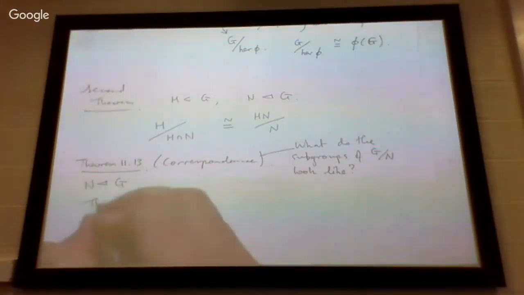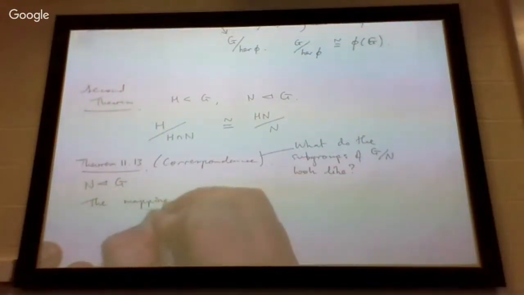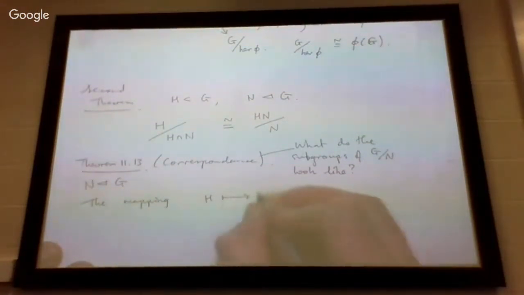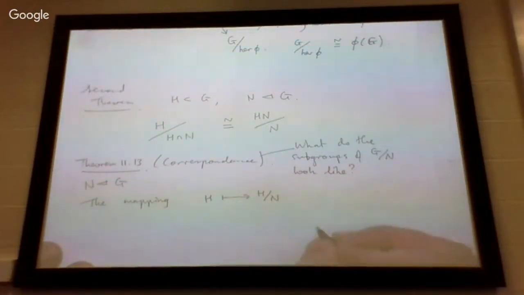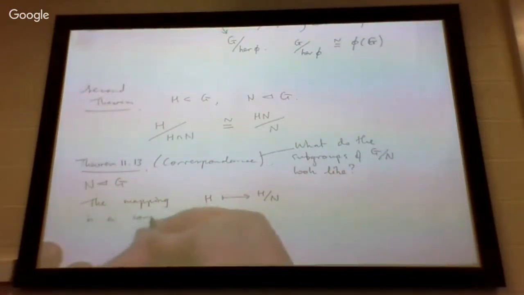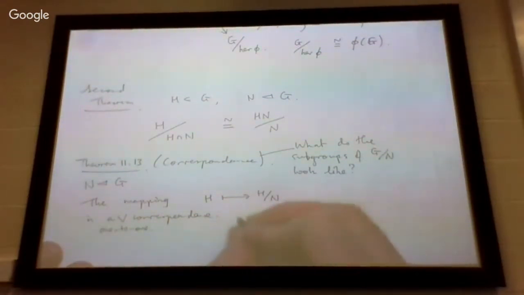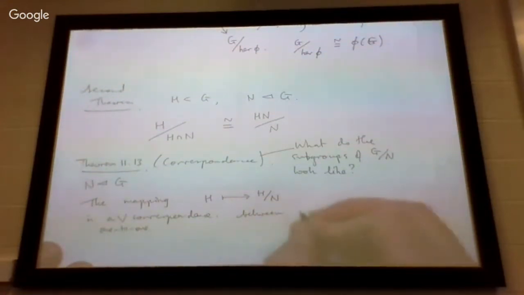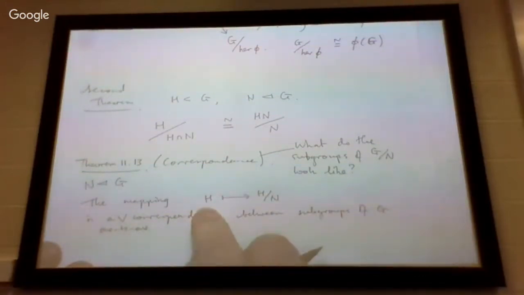So the mapping sending H to H mod N is a one-to-one correspondence between subgroups of G containing N and subgroups of G mod N.